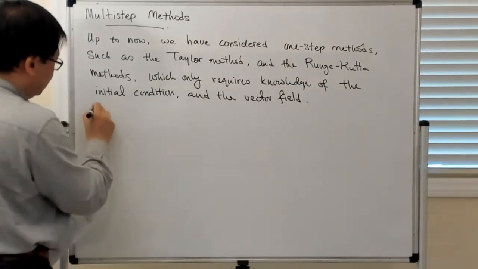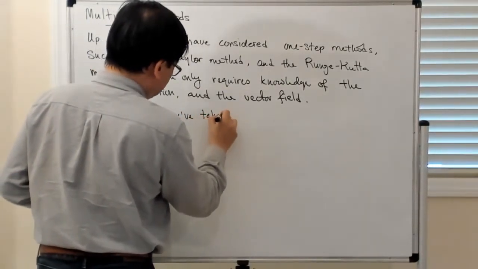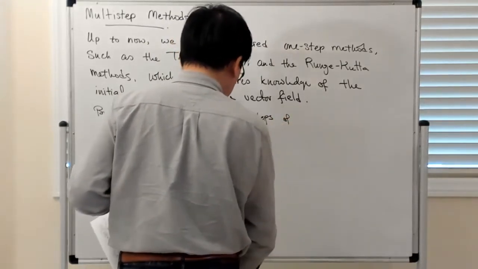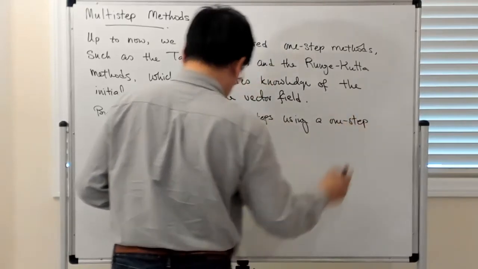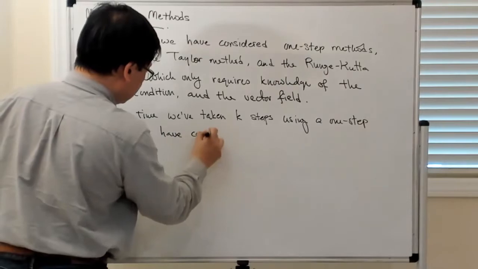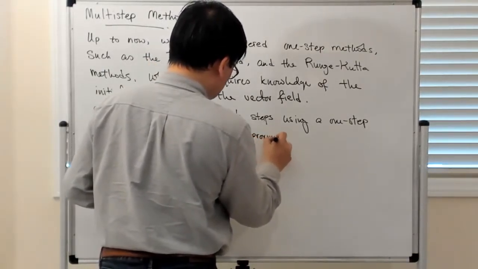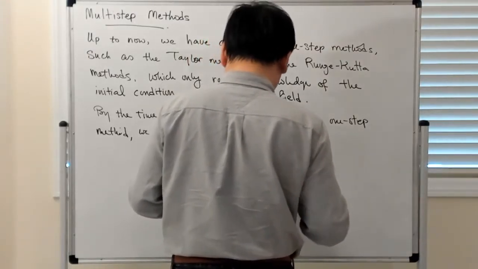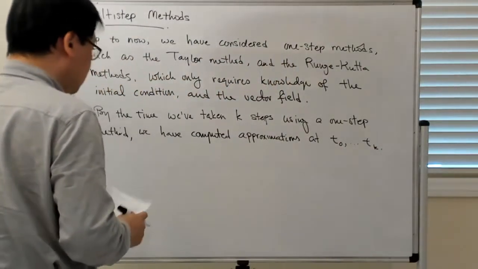So by the time we've taken k steps using one of our one-step methods, we have computed approximations at time t0 all the way up to tk.